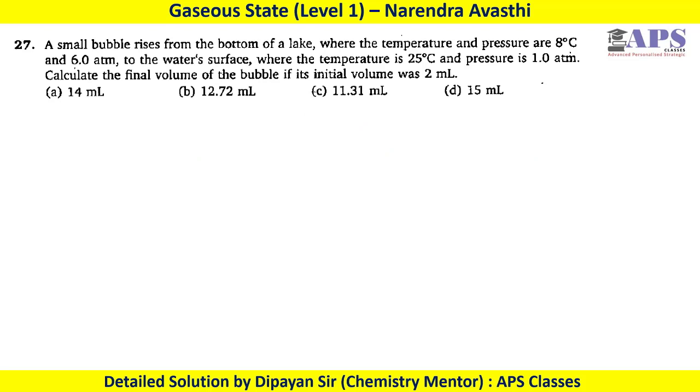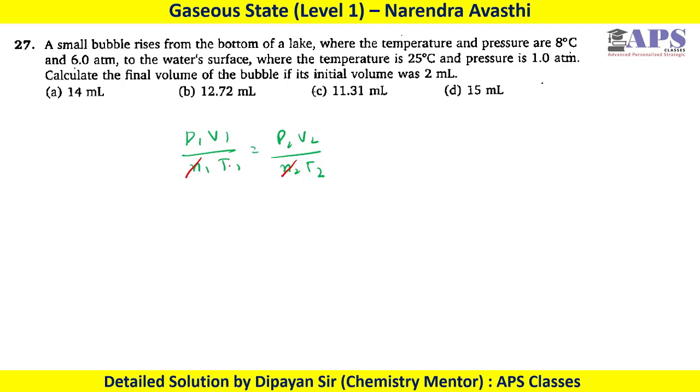In question number 27, a small bubble rises from the bottom of a lake where the temperature and pressure are 8 degrees centigrade and 6 atm, to the water surface where the temperature is 25 degrees centigrade and pressure is 1 atm. We have to calculate the final volume if its initial volume is 2 ml. It is a case of P1V1 by N1T1 equal to P2V2 by N2T2. The number of moles is constant here because there is no exchange of gas molecules.